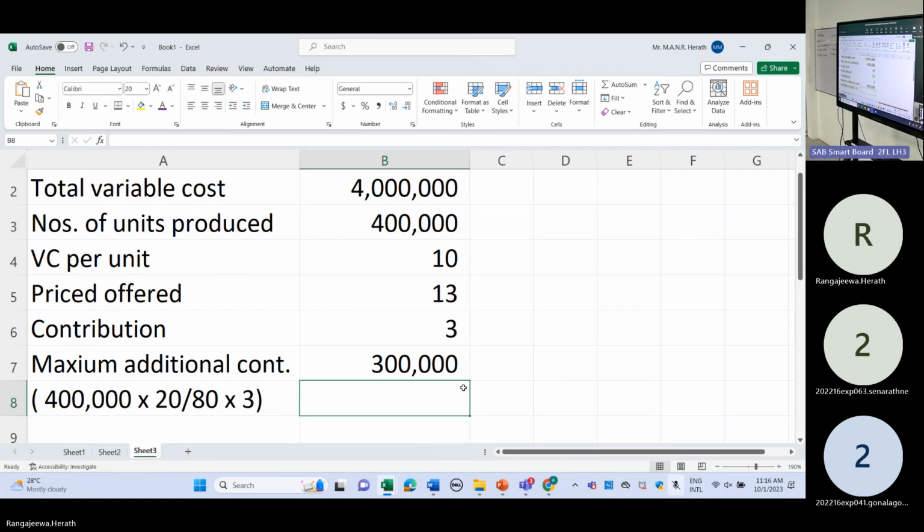So financially, one can argue that it is better to accept this, right? Because in the short run, it will give you an additional 300,000 because we are utilizing the unused capacity.